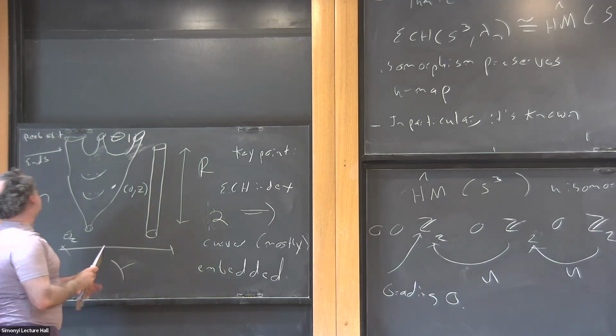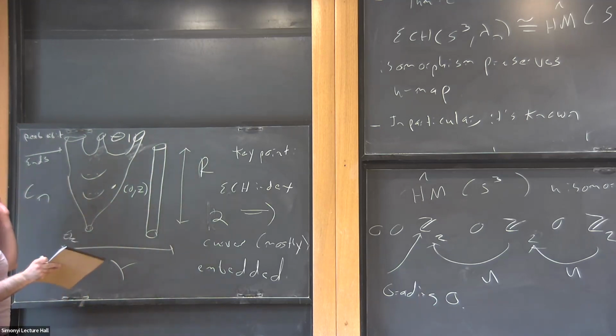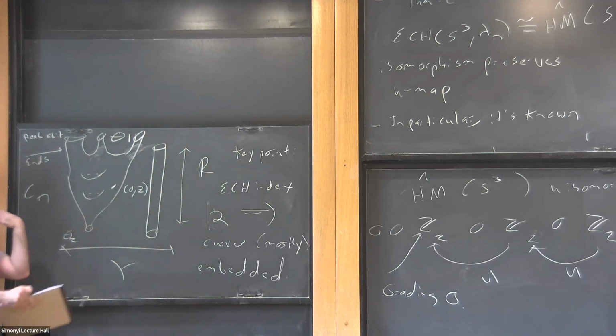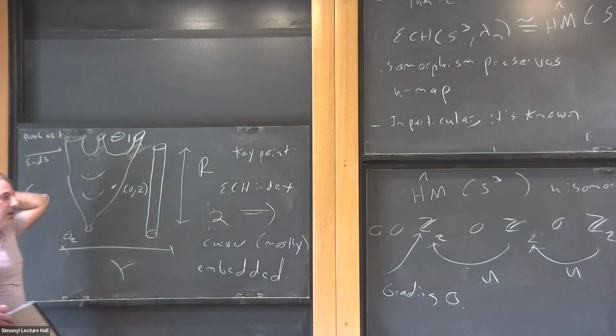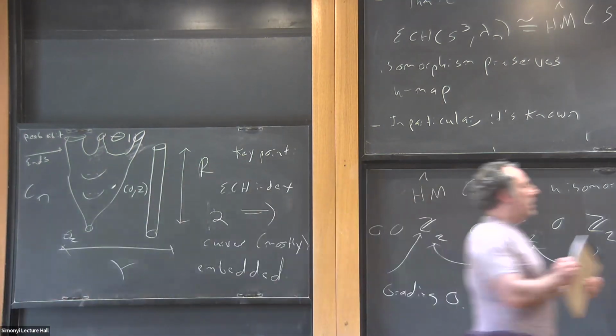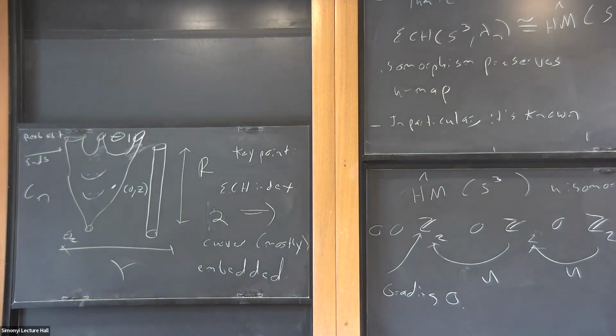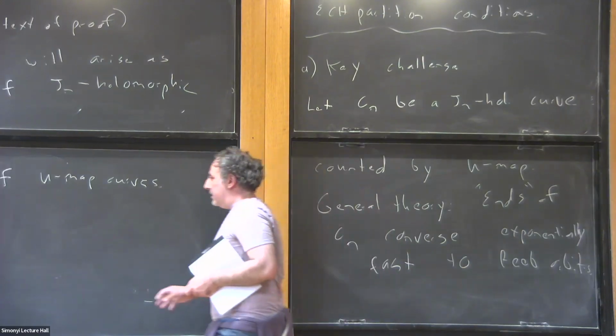And so just the general theory of J-holomorphic curves in symplectizations, due to HWZ and many others, says that not only am I converging to this Reeb orbit, but I'm actually converging exponentially fast. Okay? So let's actually write what the speed is.